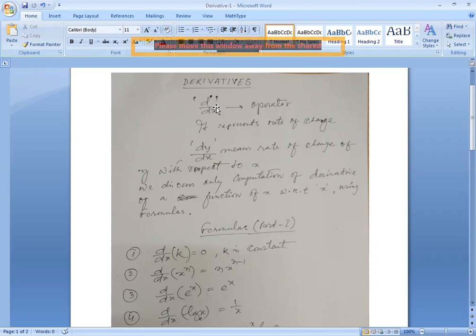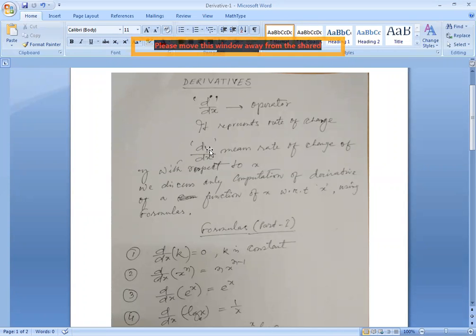That means whatever function we write here, if it is in terms of x, then d/dx represents the rate of change of that function with respect to x. So d/dx of y is simply dy/dx.